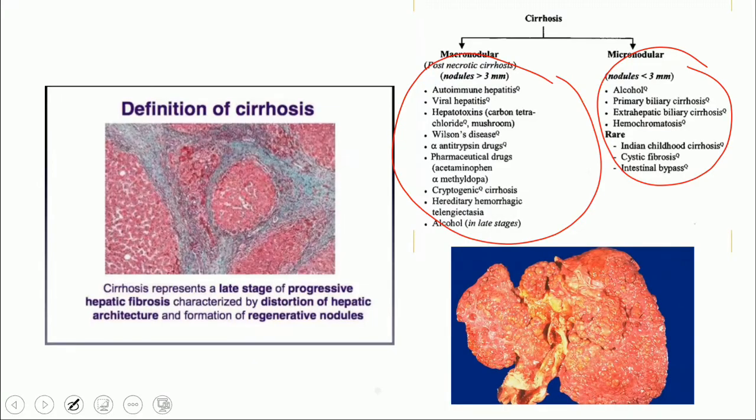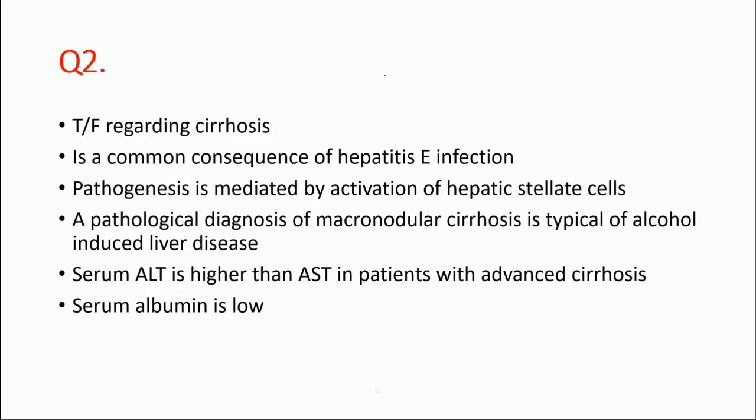These regenerating nodules, how big they are, you can have either macronodular cirrhosis or micronodular cirrhosis, right? Okay. So make a hurry. Pathological macronodular cirrhosis, and micronodular cirrhosis you get in alcohol, right?